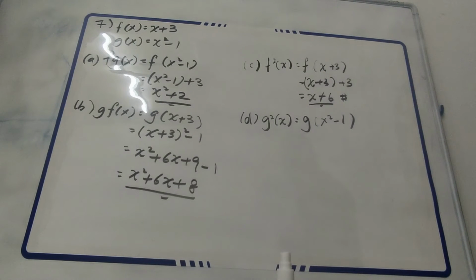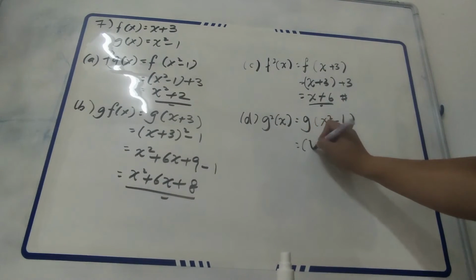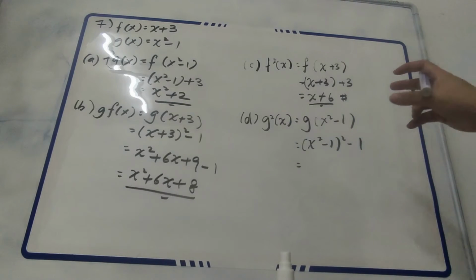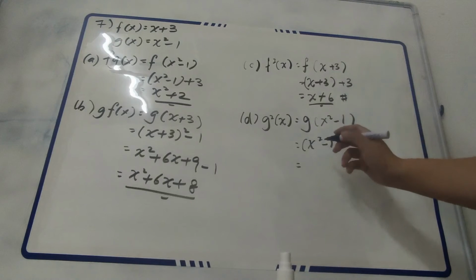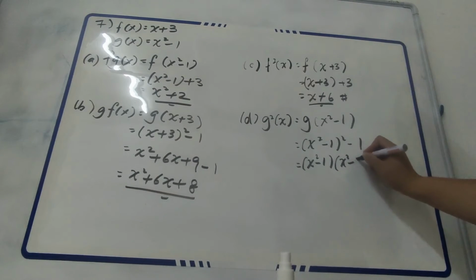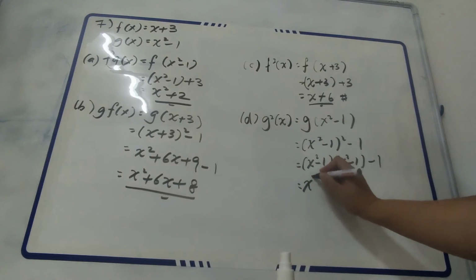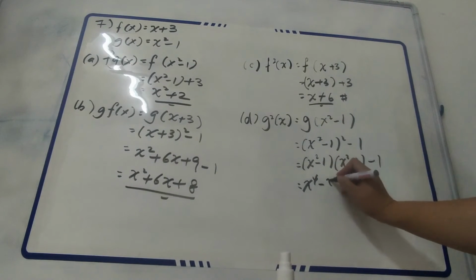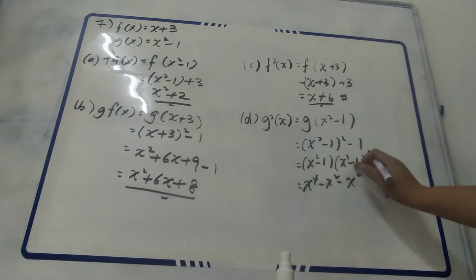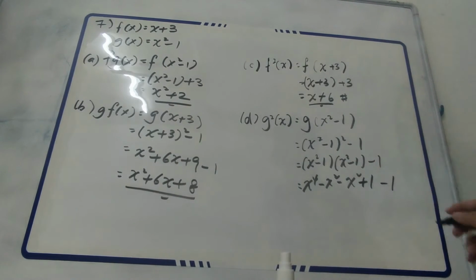Okay, so how do you do this? The x squared minus 1 whole thing, you substitute inside here. So it should be x squared minus 1 squared minus 1. This is a power of 4 equation. If you don't know how to do this, you can write it this way: x squared minus 1 times x squared minus 1, minus 1. So x squared times x squared is x to the power of 4, minus x squared, minus x squared, then minus 1 times minus 1, negative 1 times negative 1, plus 1, then minus 1.